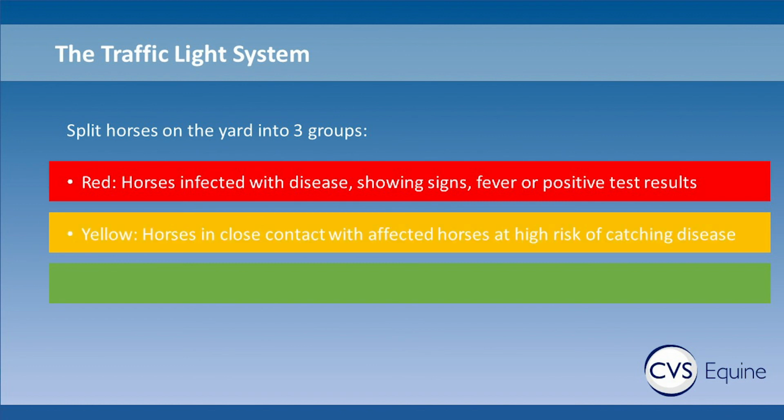The second is the yellow, or considered high risk, for those horses that have been in close contact and are therefore at high risk of developing the disease, but have not yet developed any clinical signs or are pending the results. And then we have the green category, for the horses that have never been in contact, either directly or indirectly, or have already been tested and tested negative, and therefore are free of the disease.